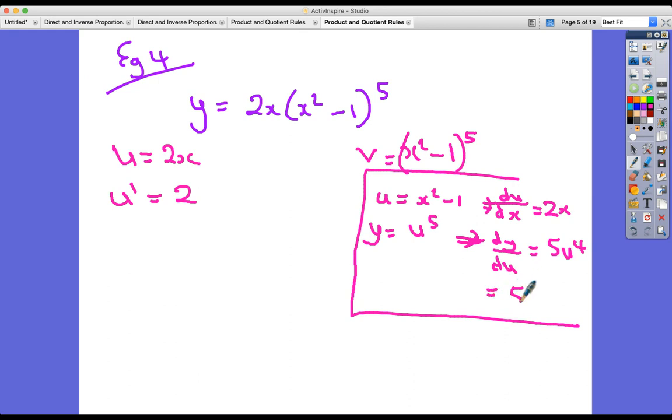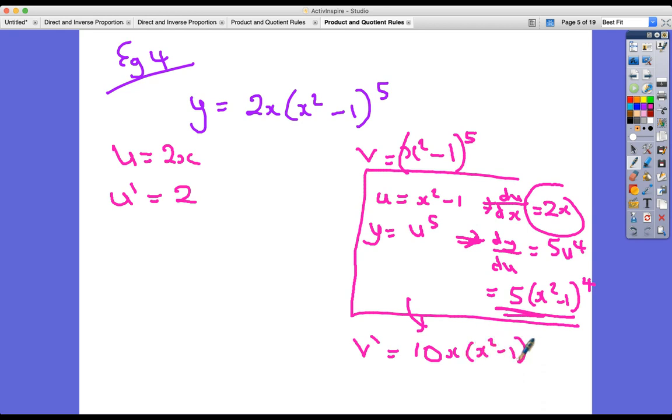So if we put the u back in, 5 times x squared minus 1 all to the power of 4. So what we get for v dash is when we multiply these two things together: 5 times 2 is 10x, x squared minus 1 all to the power of 4.